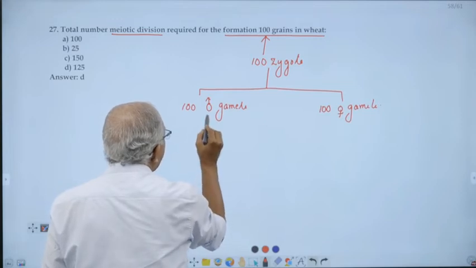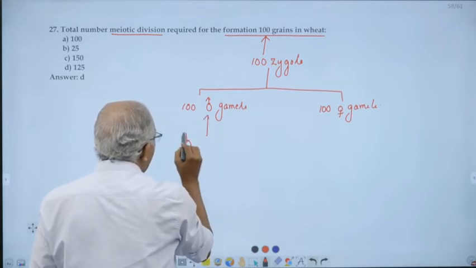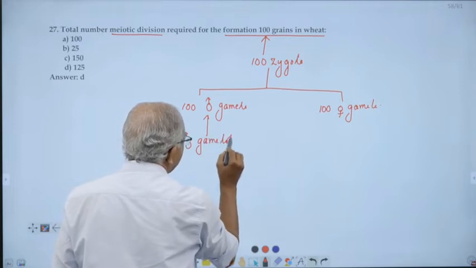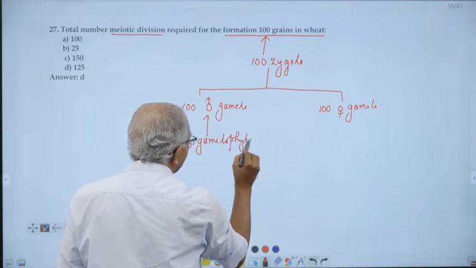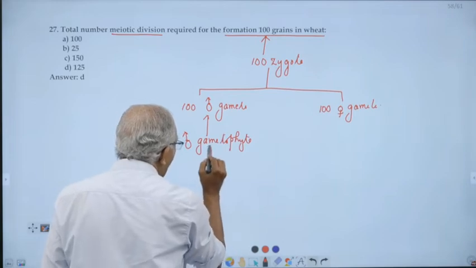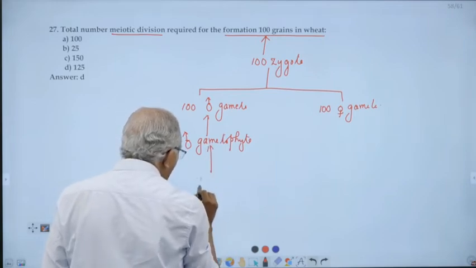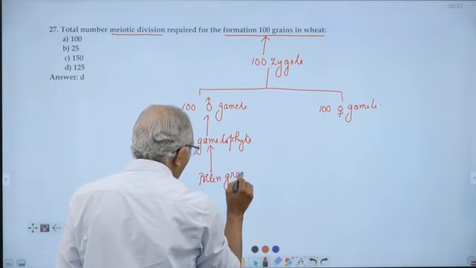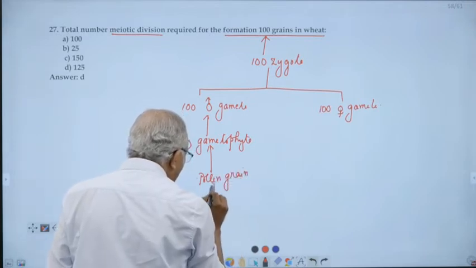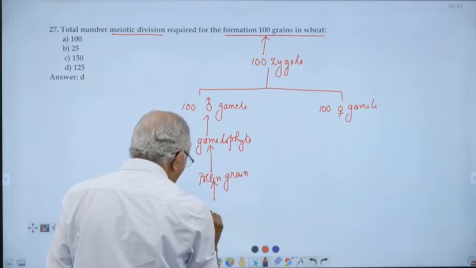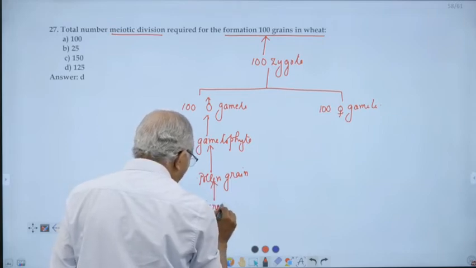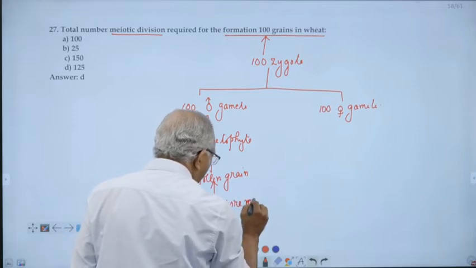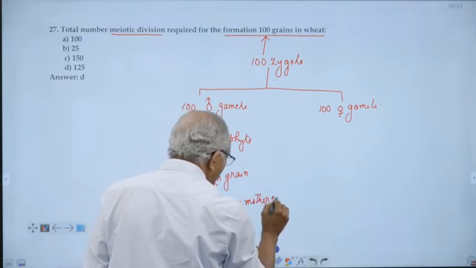Male gamete is produced from male gametophyte. Male gametophyte is produced from pollen grain. Pollen grain is produced from microspore mother cell.